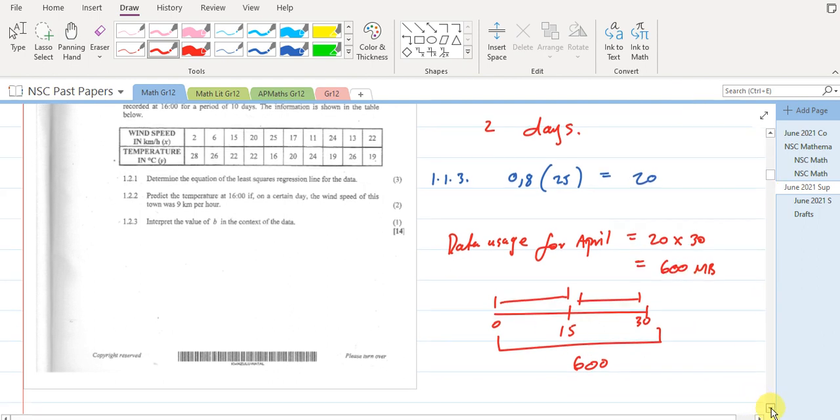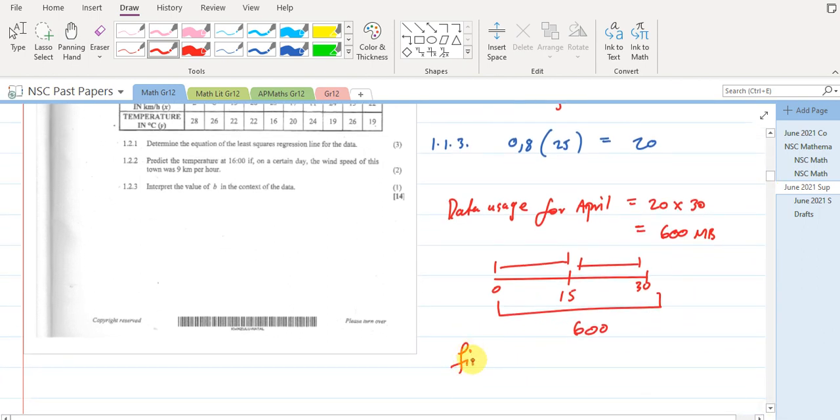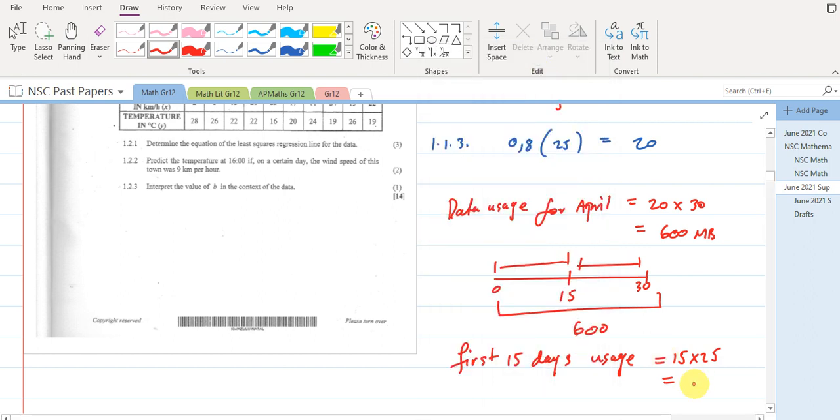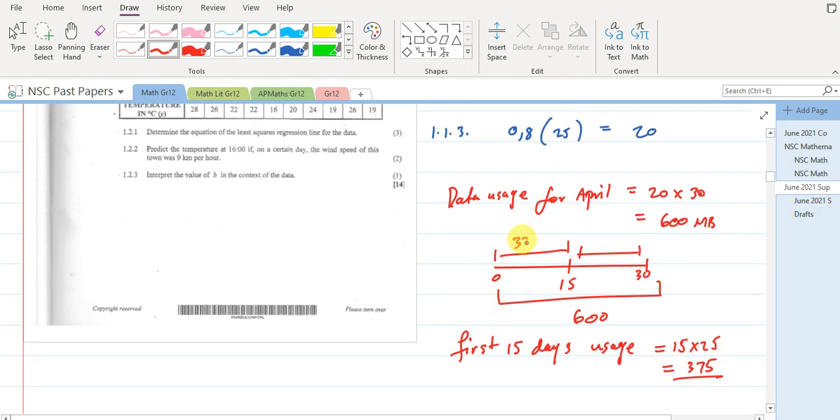So you can just say 15 times first 15 days usage. Right, so what was first 15 days usage? Total usage was 15 times 25. You can get that answer, which is 15 times 25, which is equal to 375. So 375, right? So that's the amount they used here.